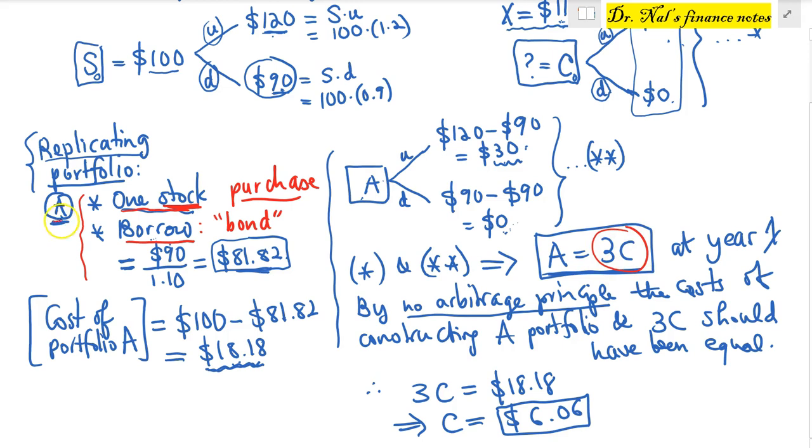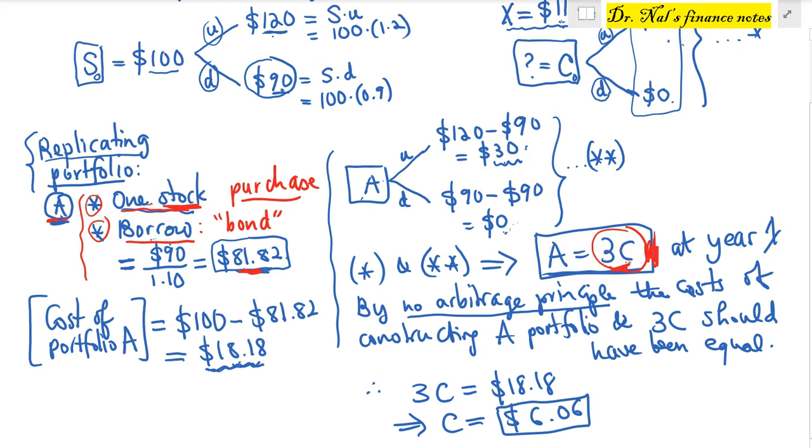You can say that 1/3 of this portfolio A is exactly equal to the call option. So you can purchase 1/3 of a stock and borrow 1/3 of this money, and this would have been exactly equal to the call option. But instead of breaking this into 3 pieces for each component, we just went ahead and created 3 call options, which is fine.